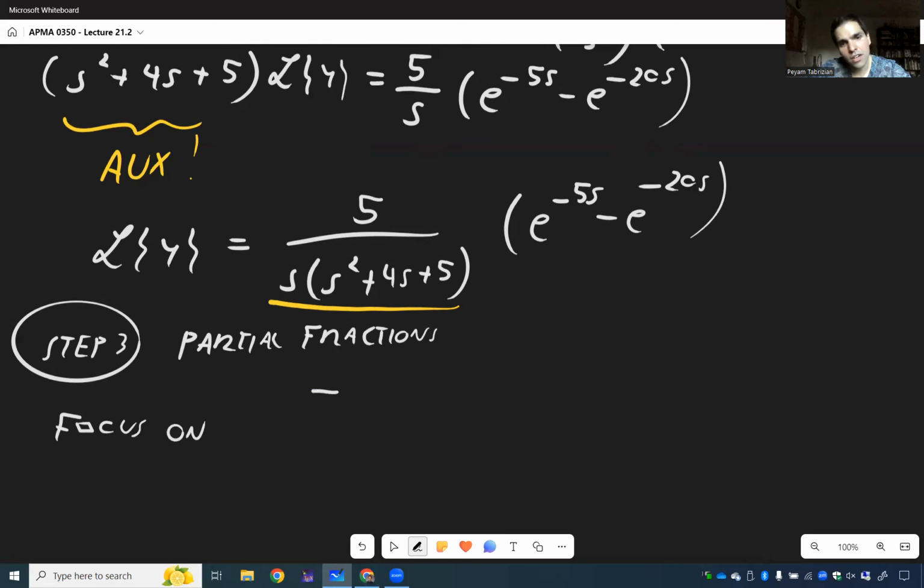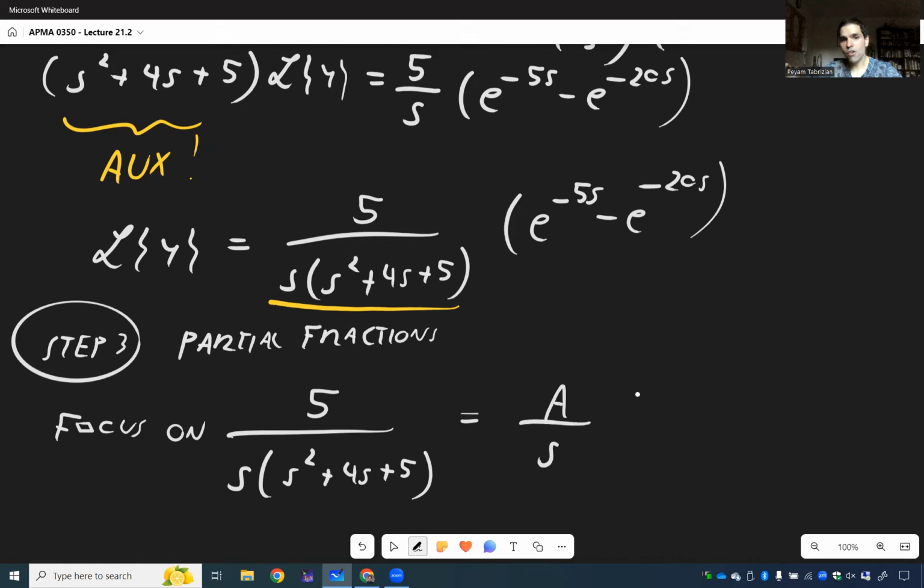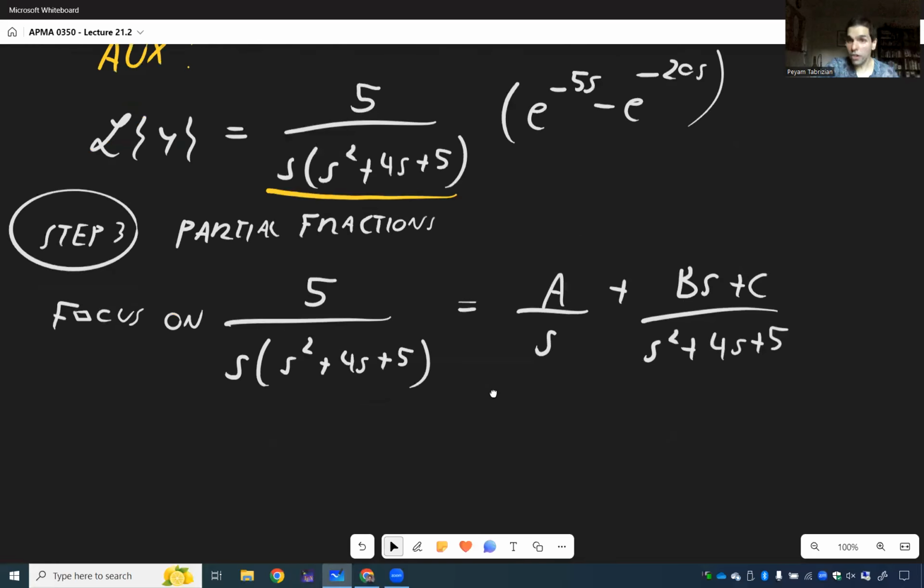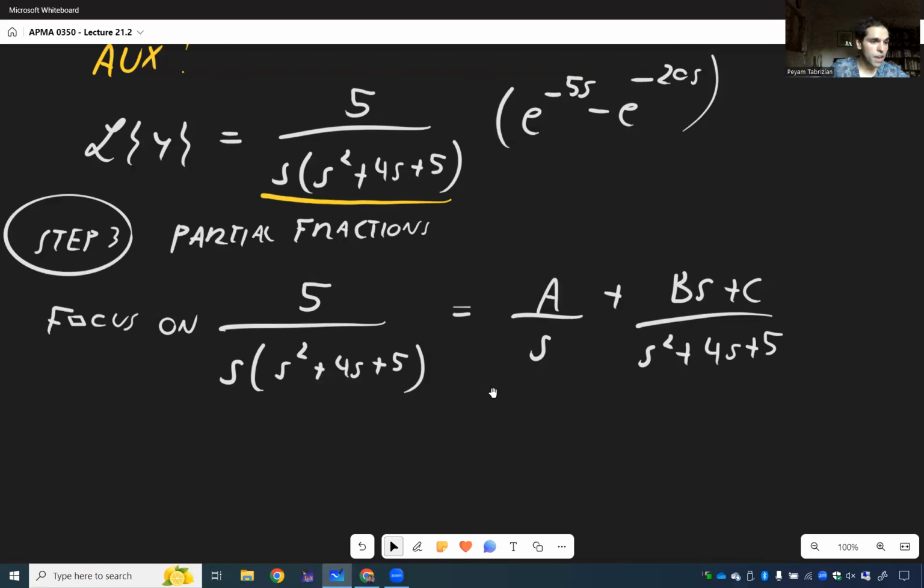So focus on 5 over s times s squared plus 4s plus 5. Well, here again, you split it up. So it's just a over s plus bs plus c over s squared plus 4s plus 5, because you can't really factor s squared plus 4s plus 5 any more. And once again, you put it on a common denominator and compare all the terms, which you can see in the details in the notes if you wish.